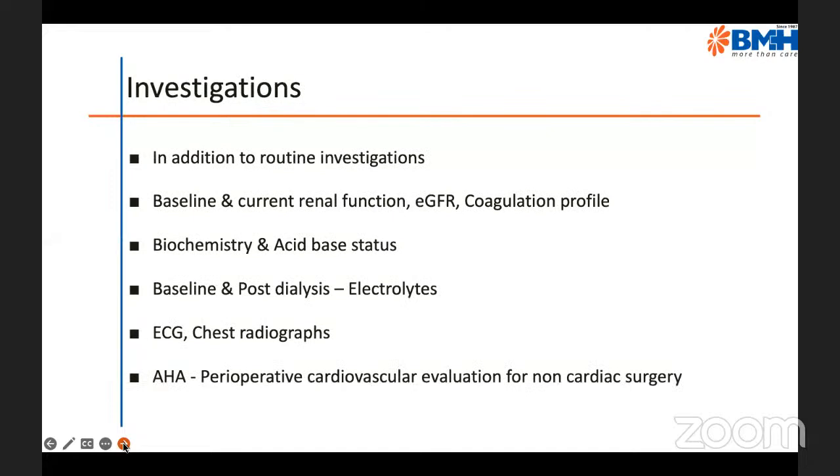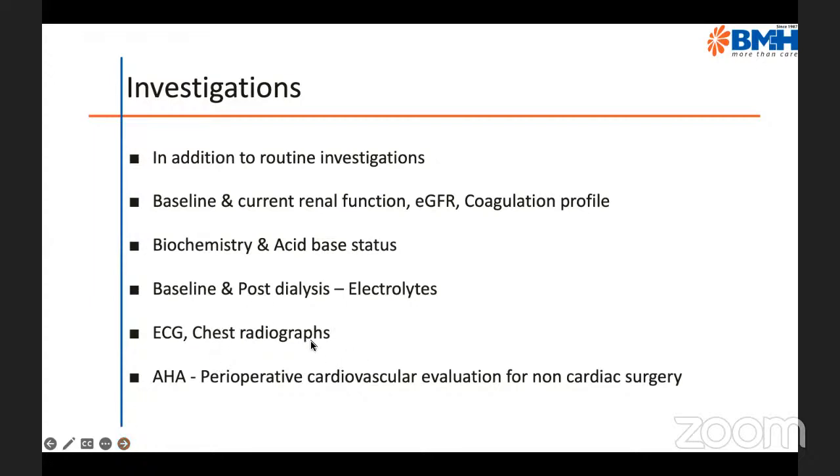In addition to routine investigations, you have to note the baseline and current renal function values. eGFR is very important so that you can note postoperative renal dysfunction or worsening of the condition, and the recent coagulation profile, especially after dialysis, and biochemistry and acid-base status, baseline and post-dialysis electrolytes, ECG and chest radiographs.